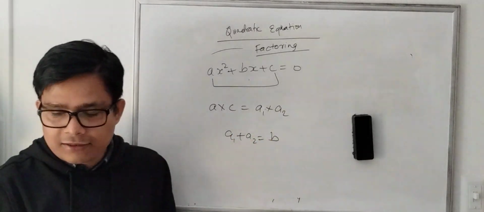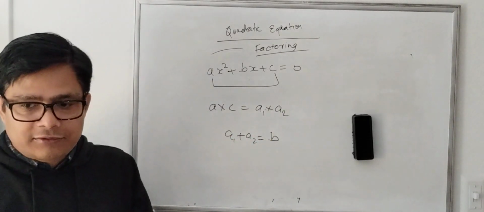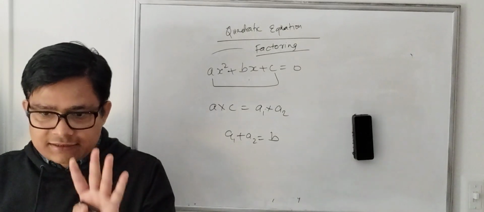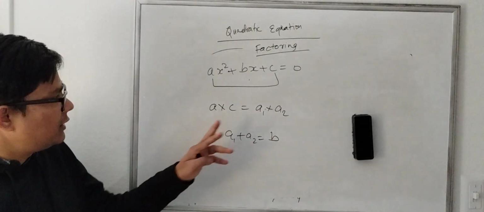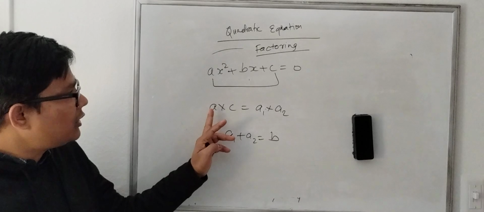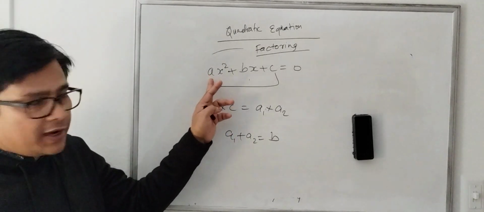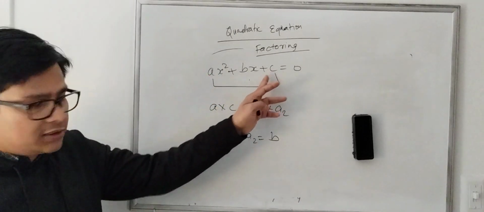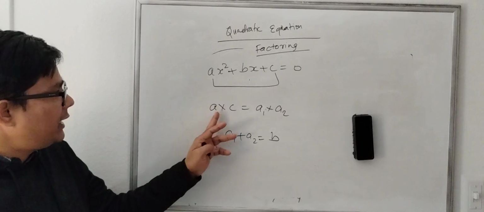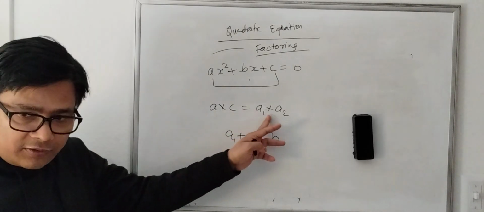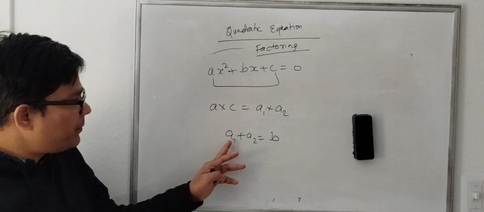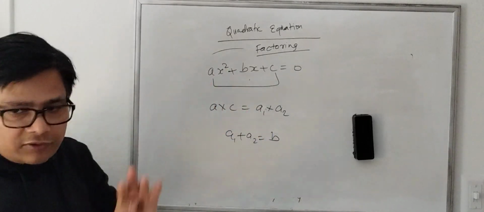So this is the condition for factoring. So you have to find two numbers in such a way that their product is product of coefficient of x square and constant. So basically product of a and c should be equal to the number you found, and their sum a1 plus a2 should be equal to b.